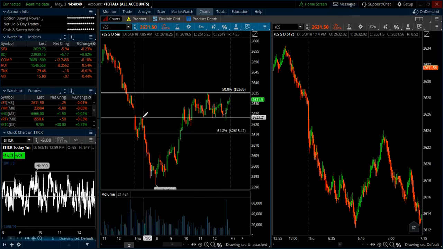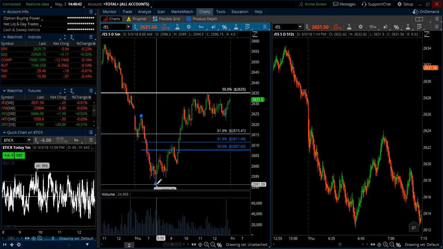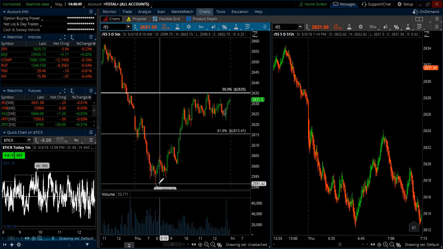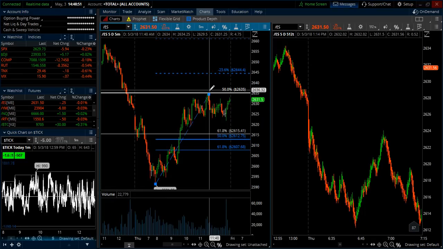And if we notice on today's example, once we broke the 60-1/8 of the short, we didn't actually make a full pullback into a long.